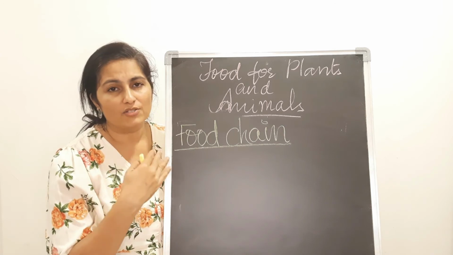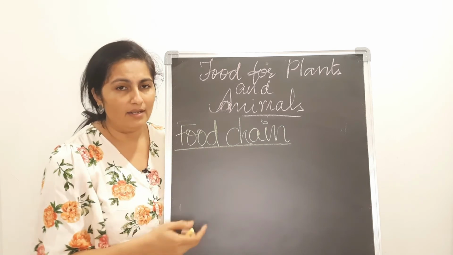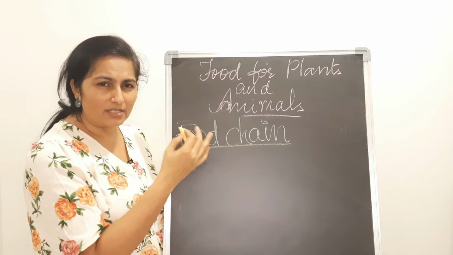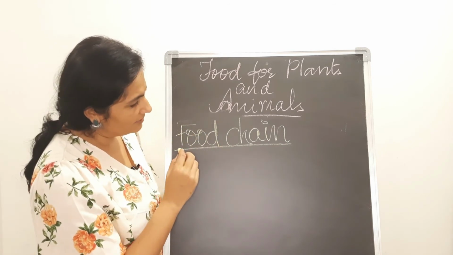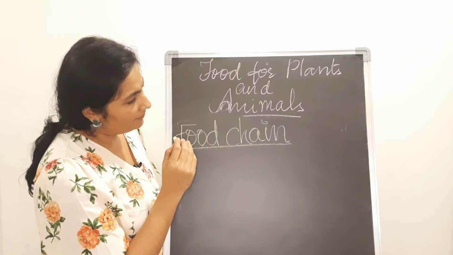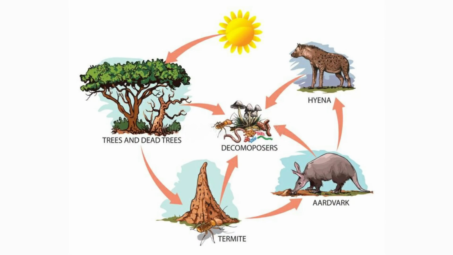It can only be passed on from one animal to another. That process is called a food chain. The energy is passed on from the sun to the plants, then from the plants to the consumers. What are plants otherwise called?